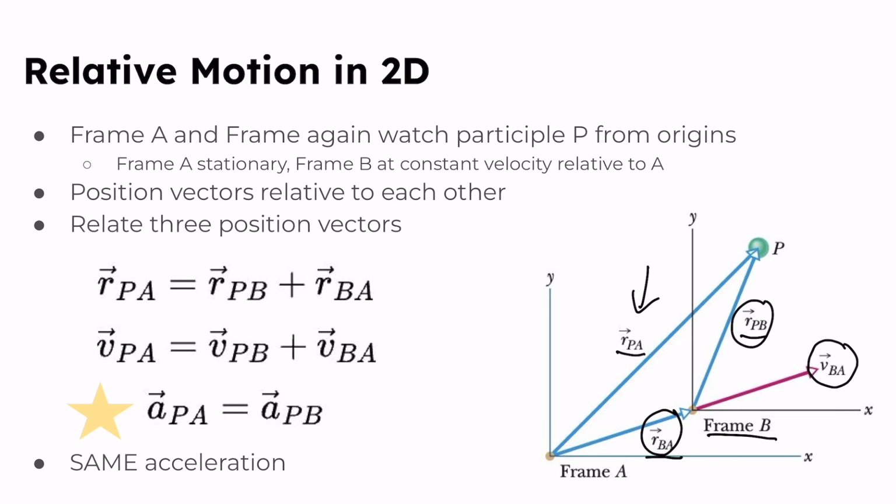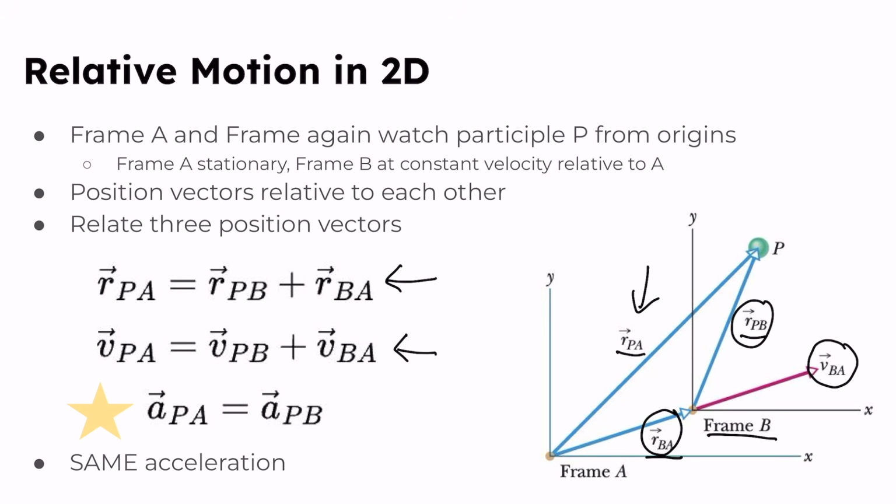By taking the time derivative of this equation, like we did with the 1D motion, we arrive at the relationship between the velocity vectors of particle P relative to our observers. We get that the velocity vector of P relative to A is just the sum of the velocity vectors of P relative to B and B relative to frame A.